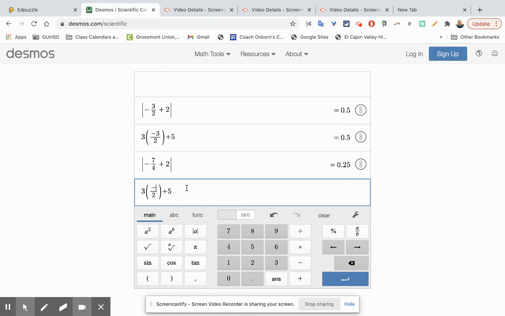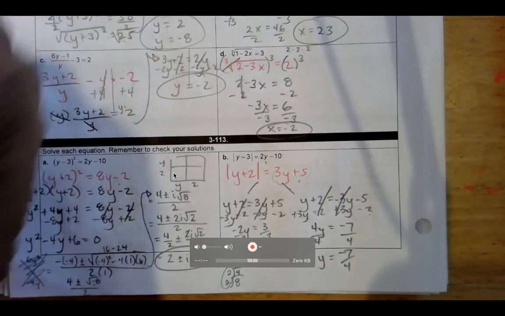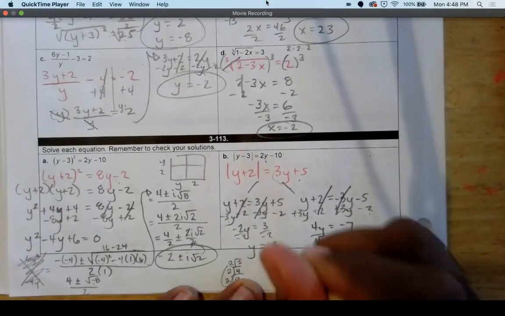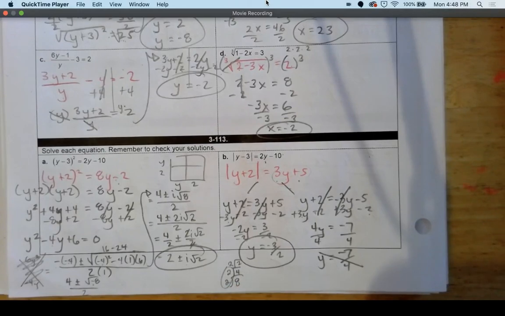So I do negative 7 here, 4 on the bottom there. And notice how these two were the same on both sides, but these were not. So what that means is that the negative 7 over 4 answer does not work. It is an extraneous solution, and my only solution is negative 3 over 2.